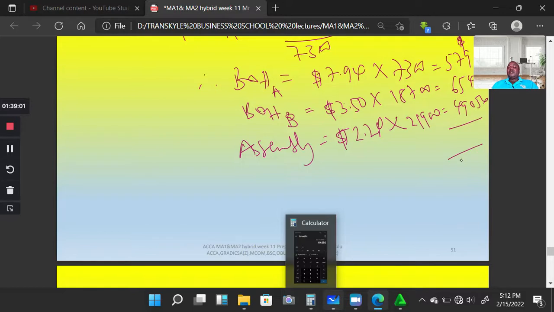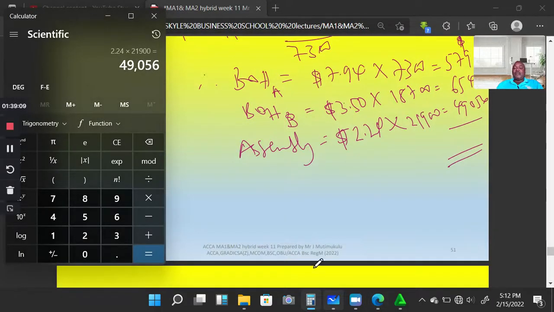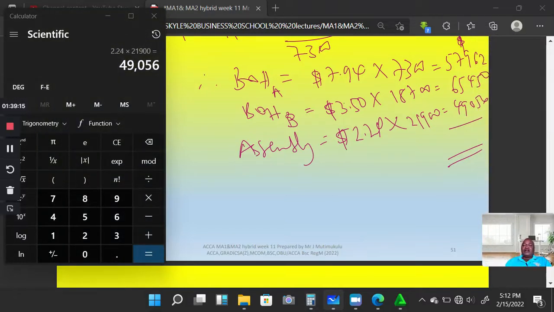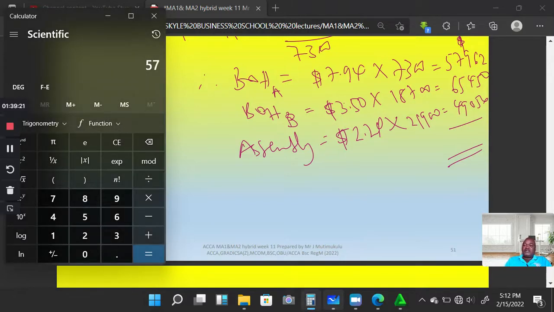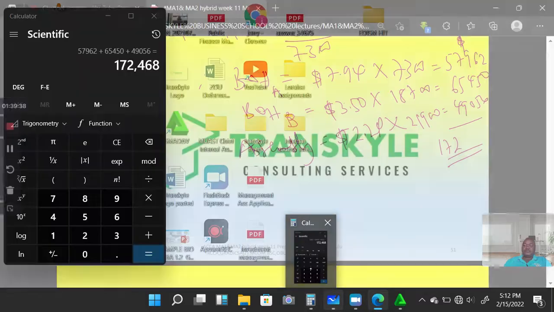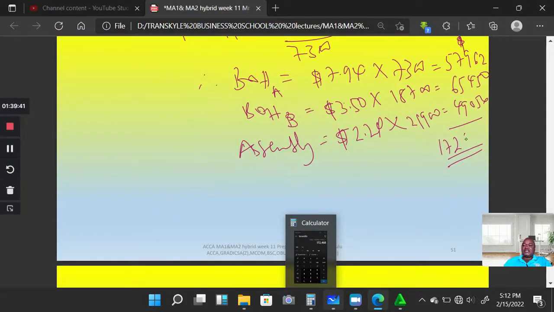Okay, let's add them up. These were our budgets. We were planning that this was going to happen. So we're having 57,962 plus 65,450 plus 49,056. That's 172,468.